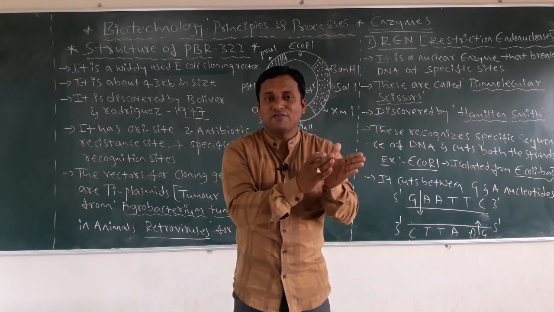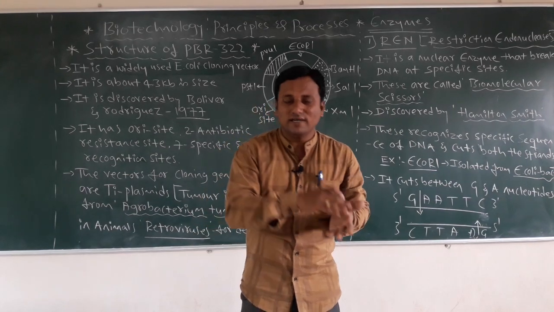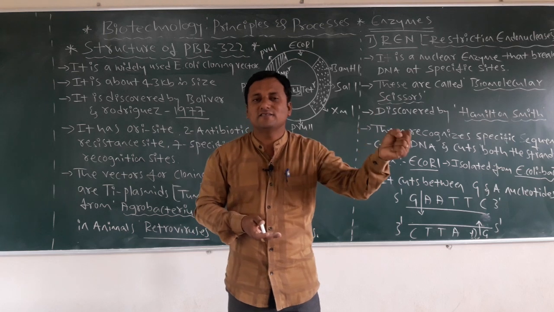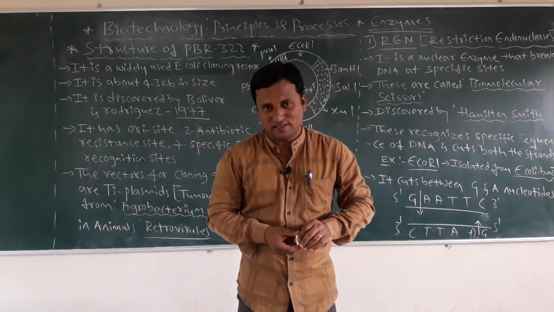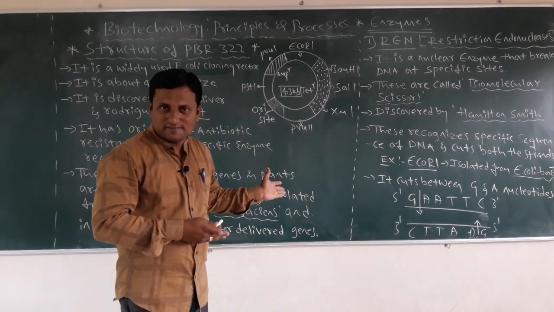We take the gene of interest from plants or animals or tissue or isolated cells, or from any part of the body, and make it a hybrid DNA molecule. Like that we discussed the next tool, vectors.